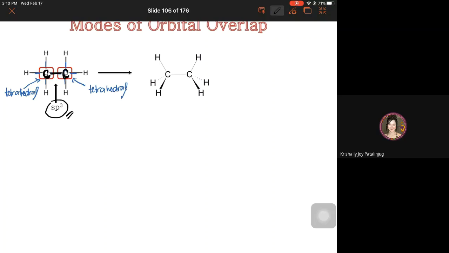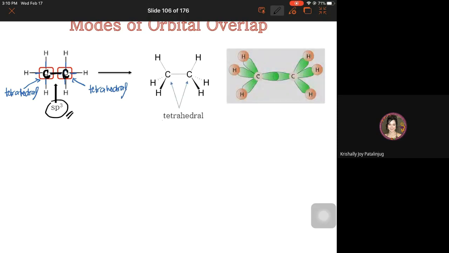Okay? So, it looks like this. This carbon has four sp3 orbitals. The same with the other carbon.